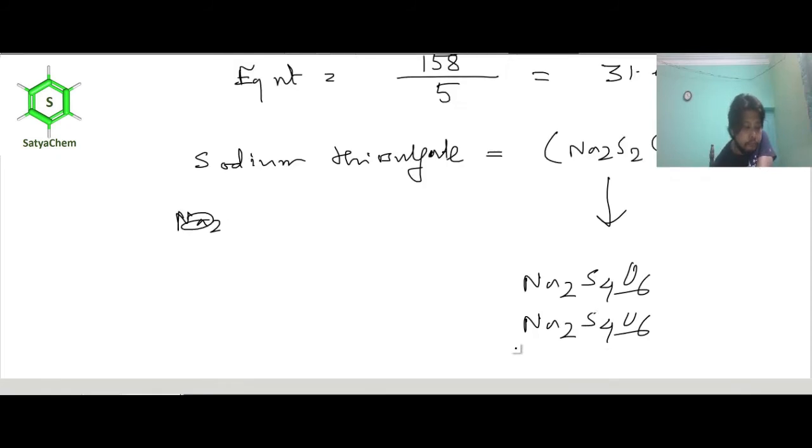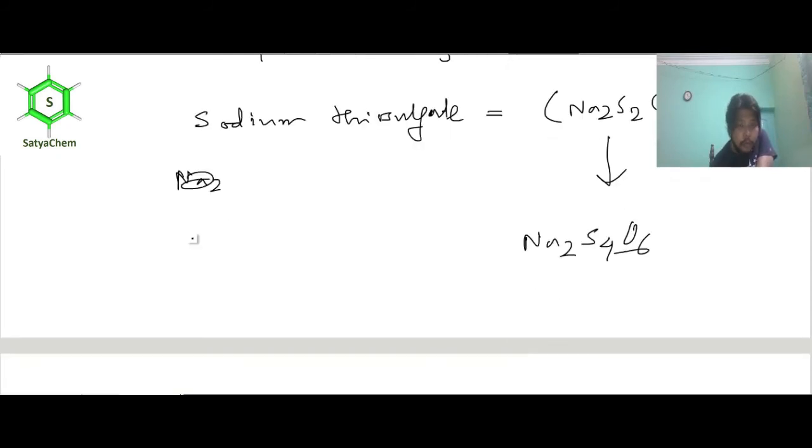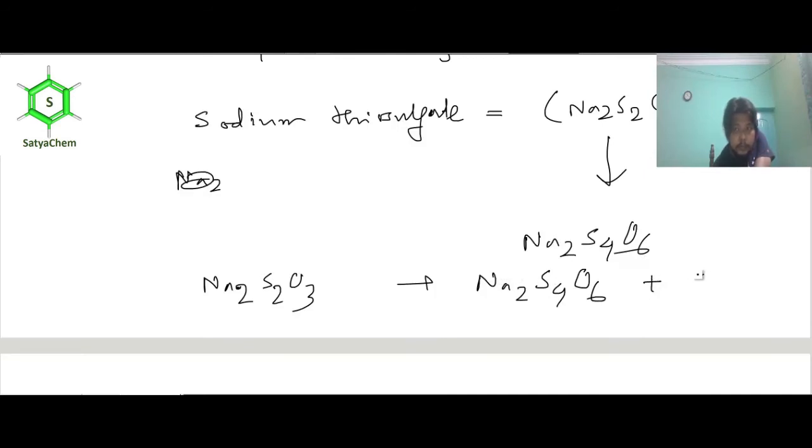Na2S2O3 gets converted into Na2S4O6 plus 2 Na plus. Clear? So to balance, the number of sodium is 4, so we need to multiply Na2S2O3 by 2.